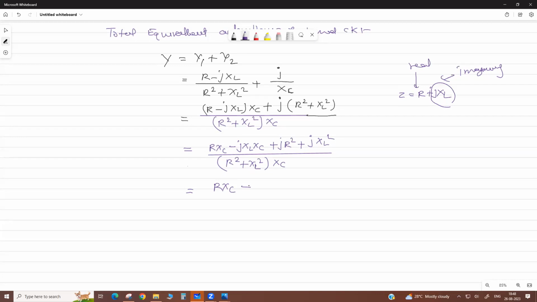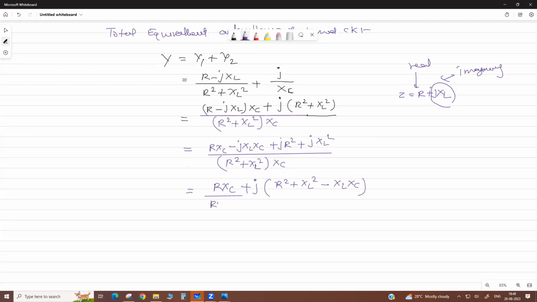But in the other portion you have to subtract. This has a J portion, so plus this and this. You can take J common, then it comes R square plus XL square, and this is minus XL XC. Okay. Now individually they are divided also. If this portion is divided by this, the XC cancels here.